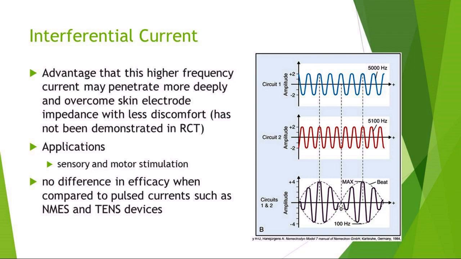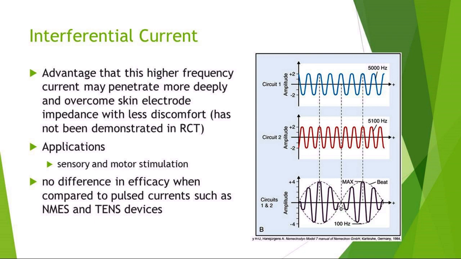You can use IFC for sensory or motor stim if you adjust the parameters to do what you want to do. There's no difference in efficacy when it comes to pulse currents such as NMES or TENS devices. And really, a lot of times you're deciding on the difference based on convenience or availability or something that's portable.